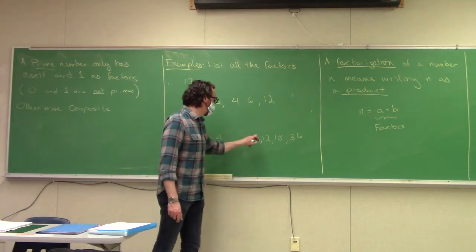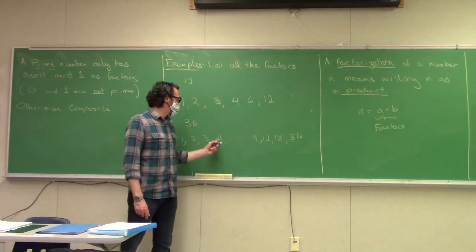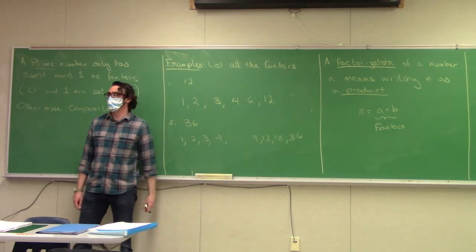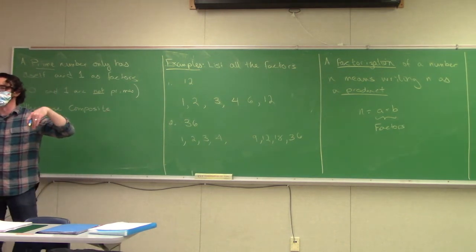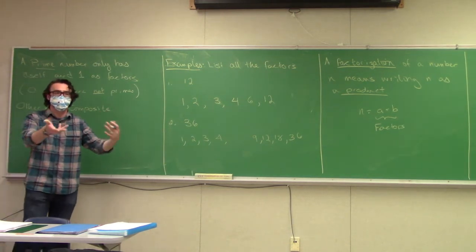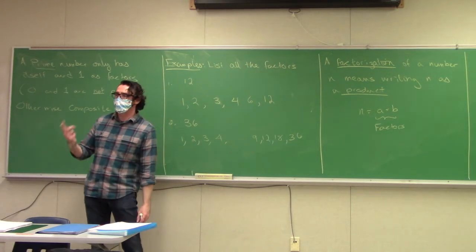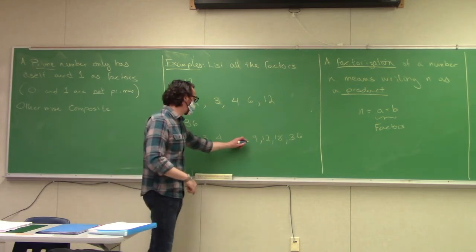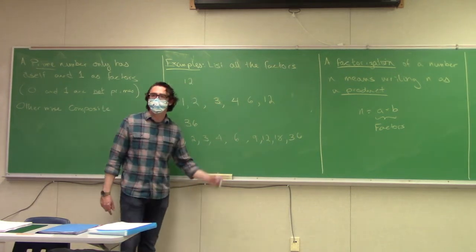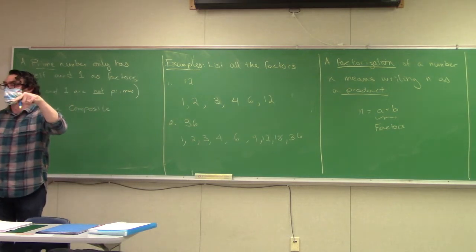What's the partner? 9. Okay, 5, should that be on the list? No, 5 does not go into 36, it ends in a 6. The only way a number can be divisible by 5 is if it ends in a 0 or a 5. How about 6? Yes, what's the partner? 6 itself. Okay, so 6 is a little special in that 6 is its own partner, but that also means we've reached the end, right?